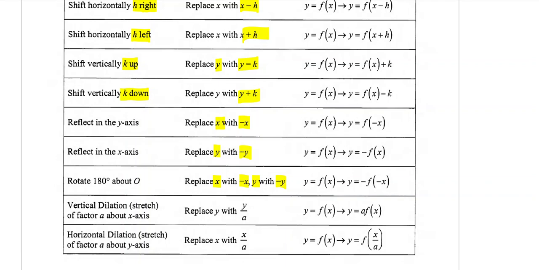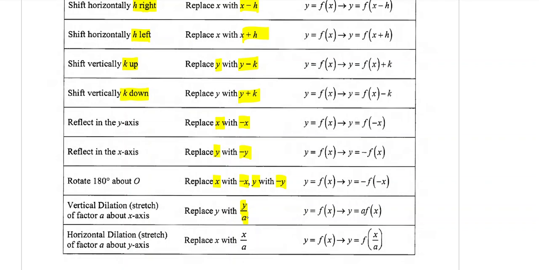A vertical dilation is a stretch of a factor a about the x-axis. So if I'm trying to stretch it by a factor of 2, into your equation you will replace the y with y over a, or y over 2, whatever the number is that you're trying to stretch it by.